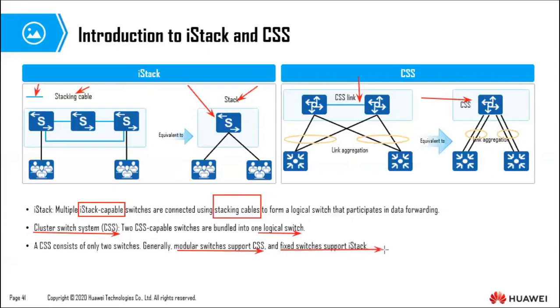You can see that they're both doing the same thing. The difference is that iStack is configured on fixed switches, while modular switches use the cluster switch system. So don't forget that.